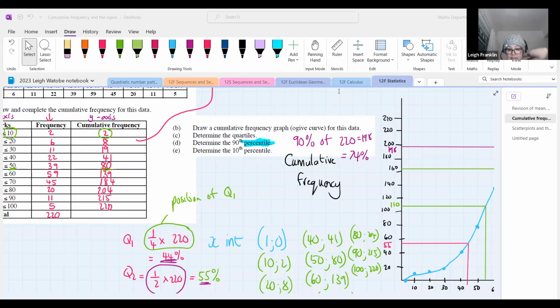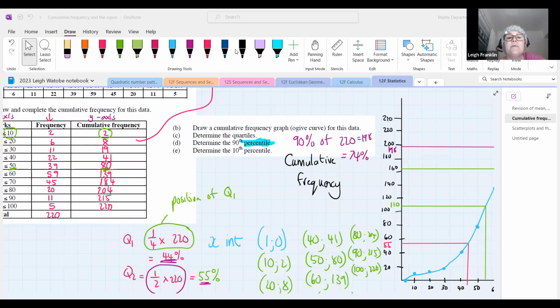Does that make sense to everybody? Yes. Okay, good. So if the 90th percentile is 74%, it means only 10% of the students got 74% or more for the exam.